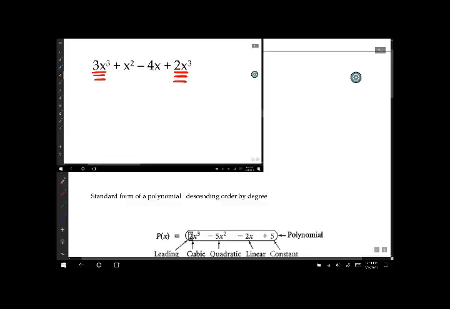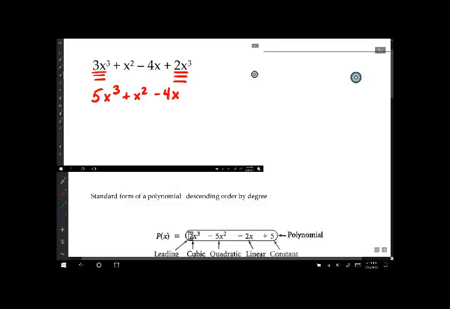So 3x cubed and 2x cubed is 5x cubed. And then I have plus x squared minus 4x. Now I've kind of zoomed it in so we can't see the answer to the far right. But would you agree we have 3 terms? Yeah. So 3 terms, you remember what that is called without looking: trinomial.